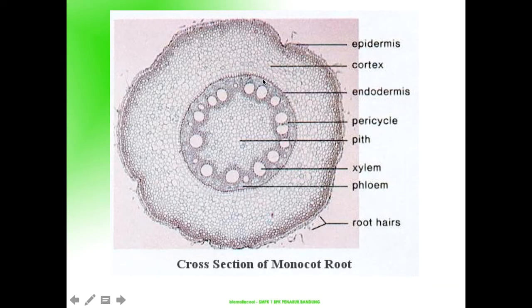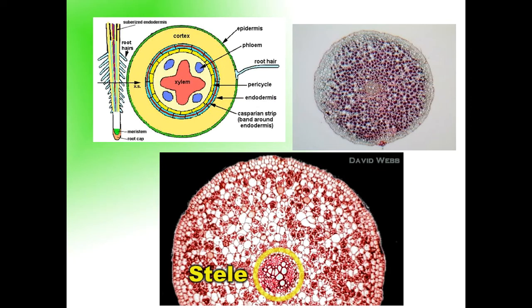I need to also inform you that the endodermis and everything inside it is called stele, S-T-E-L-E. In the monocot root, in the stele we find parenchyma tissues called pith. But let's take a look at the dicot root. This is the stele, the endodermis and everything within it.